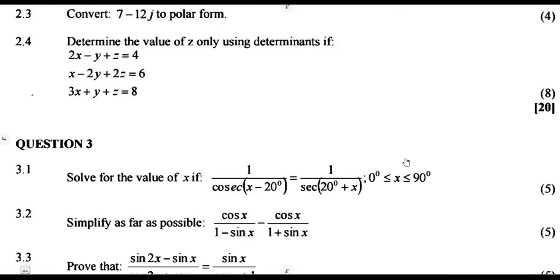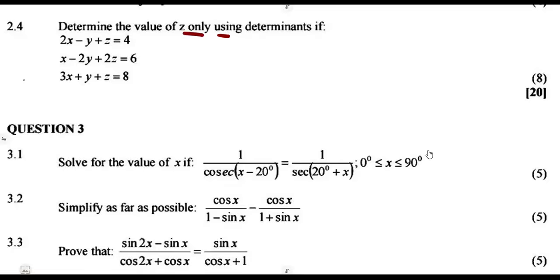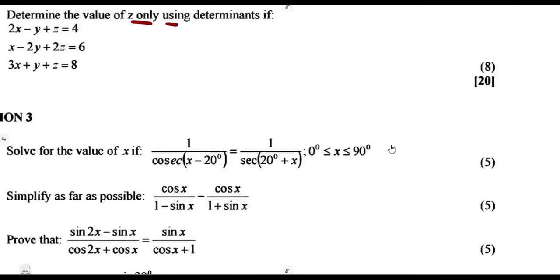So 2.4, determine the value of z, only z that we need there. It is only z, take note. So there we're just going to use our determinants. Let me just write this one aside.